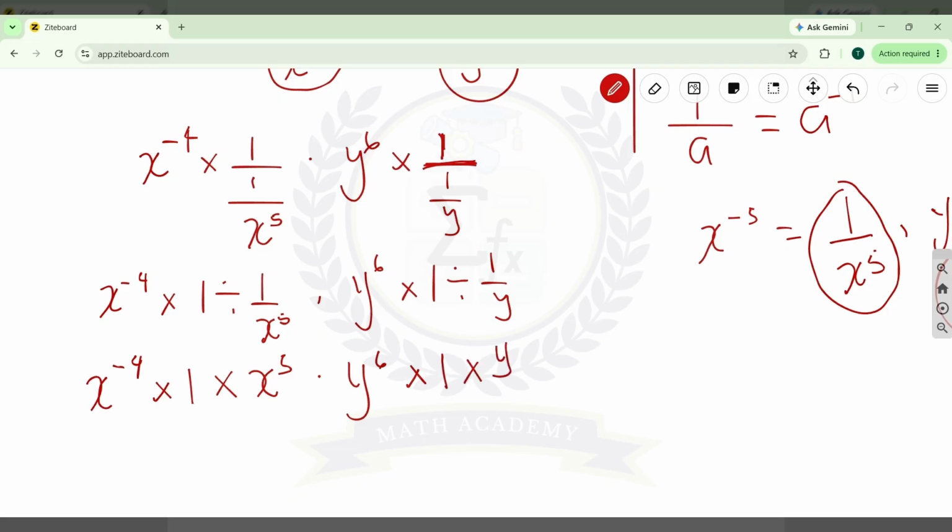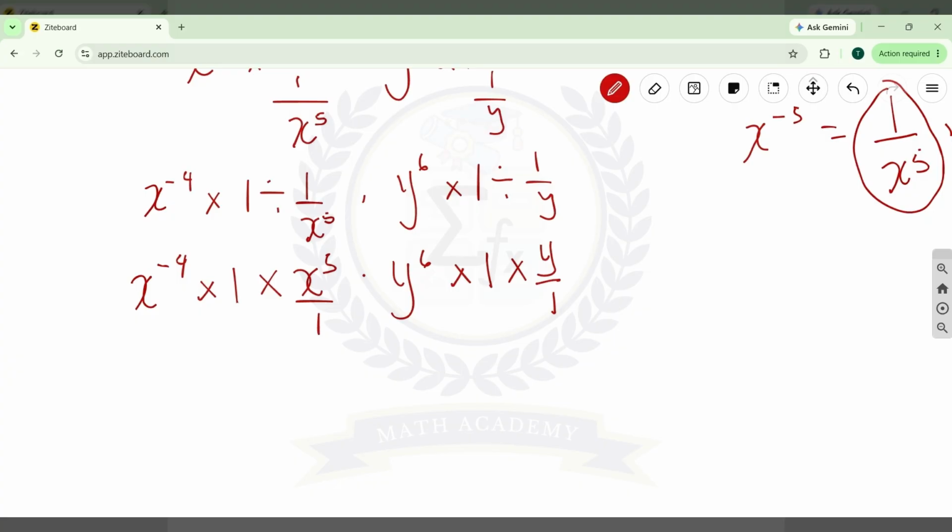So y goes up, 1 comes down. This over 1, 1. And what this simply means is that x to the power of -4 multiplied by 1 times x to the power of 5 is x to the power of 5, multiplied by y to the power of 6 multiplied by 1 times y is y.